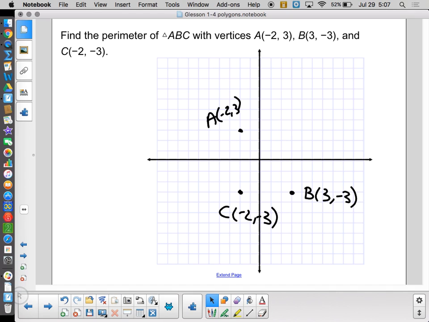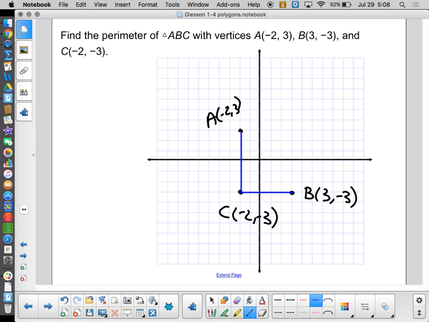Now, fortunately for us, when I connect the vertices with sides, I notice that 2 of my sides are perfectly horizontal or perfectly vertical. That means distance formula really isn't necessary for those 2 sides. Because a horizontal or vertical side, we can simply go ahead and count boxes to find the length.